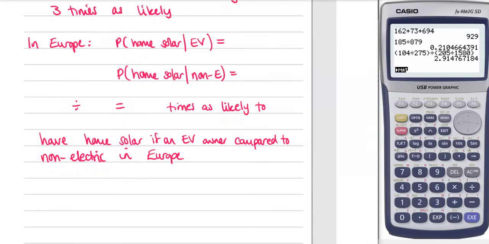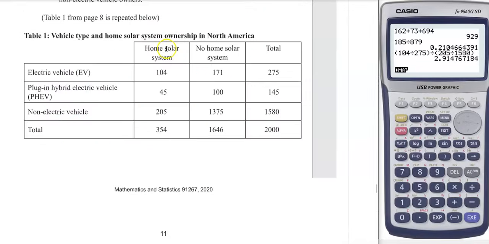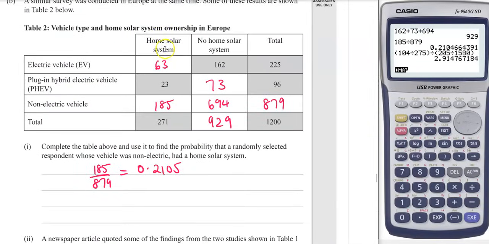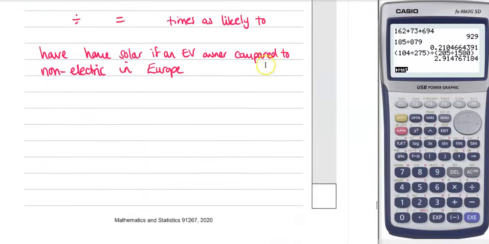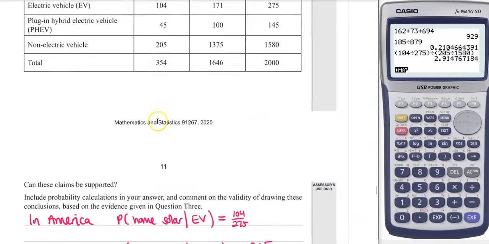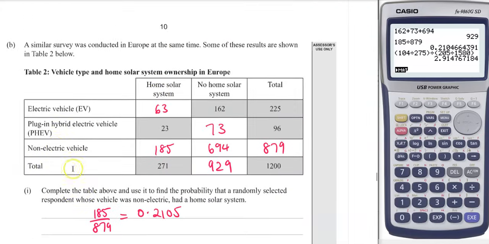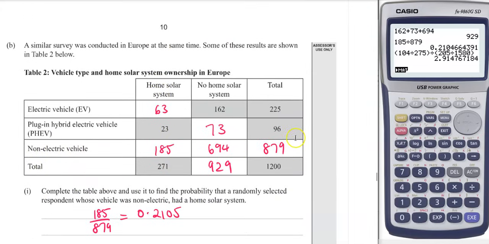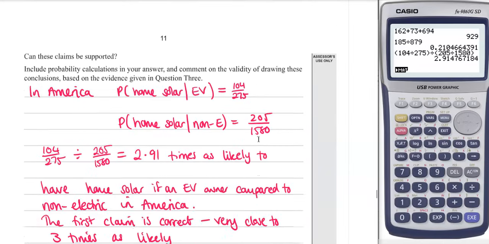I've actually just copied and pasted that and left some gaps to fill in. So home solar if they have an EV in Europe. So let's look at that table. So that'll be 63 out of 225. And then on the non-electric Europe table, we've got 185 out of 879.